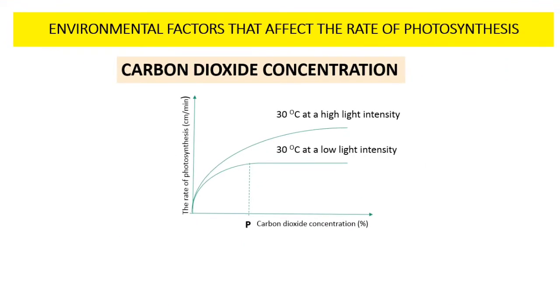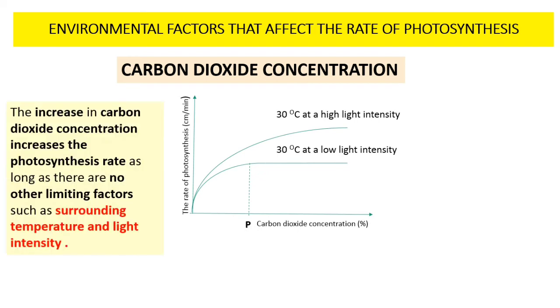This is the graph of carbon dioxide concentration. An increase in carbon dioxide concentration increases the rate of photosynthesis as long as there is no other limiting factor such as surrounding temperature and light intensity. At point P, the photosynthesis rate is constant.